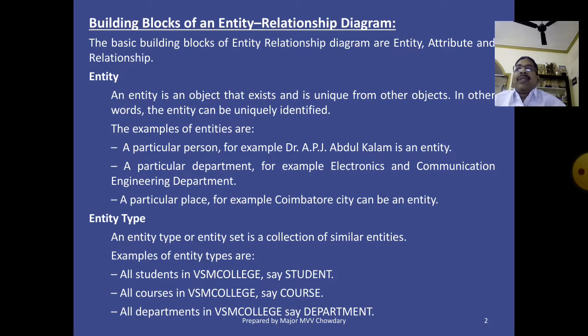A particular department, for example, Electronics and Communications Engineering, CSE, Mathematics, Physics, etc. A particular place, for example, Coimbatore city or Ramchandrapuram. So, an entity is anything. It can be a person, place, or thing, whatever it may be.